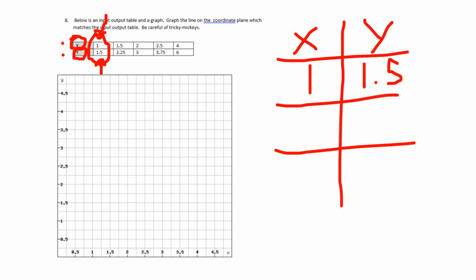So that's how you're used to seeing it. And the next point would be 1.5 and 2.25. Now I want you to pause the video for just a second, and I want you to try and come up with what the next 2 or 3 points would look like if you were to redraw it on the graph. So go ahead and pause the video right now and try and figure those out.